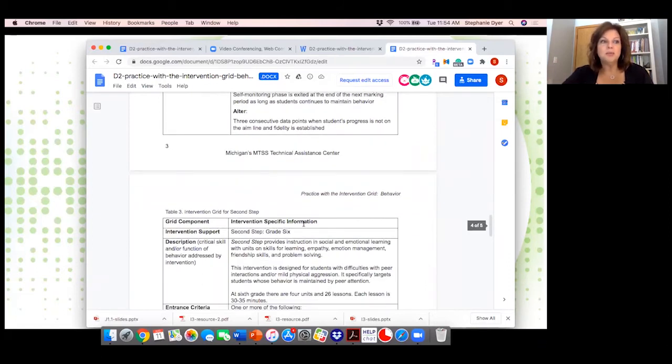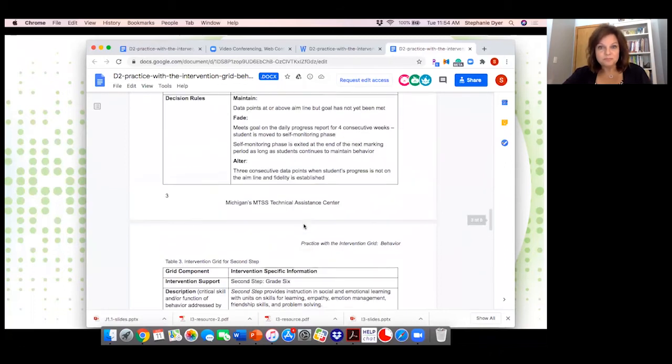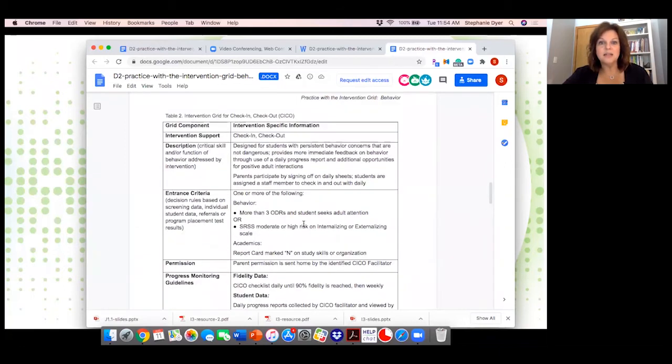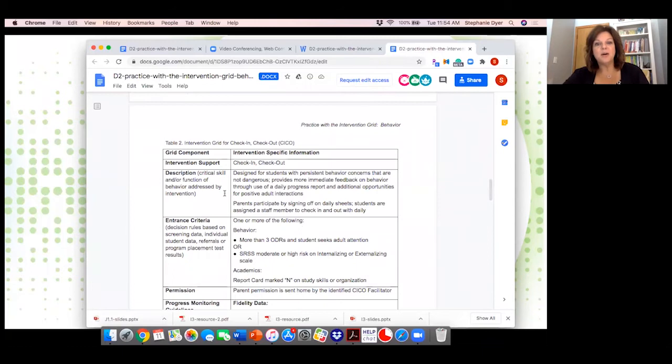So let me just make a couple of comments before we move forward. So in Wisconsin, I understand that for check-in, check-out, you guys put pretty much any student who needs support behaviorally in check-in, check-out first. And that's great. That's awesome. It is probably the most effective and efficient tier 2 intervention that there is. So it makes sense to start with that.